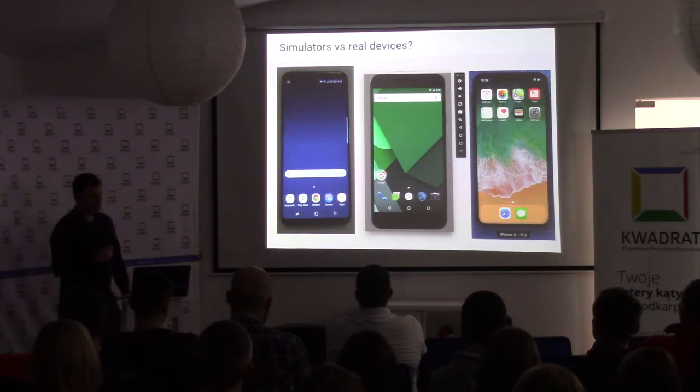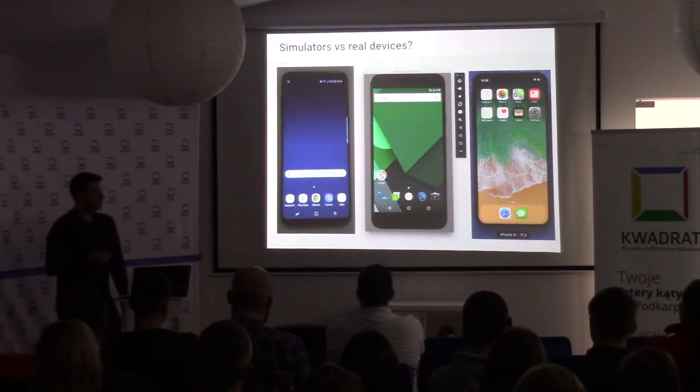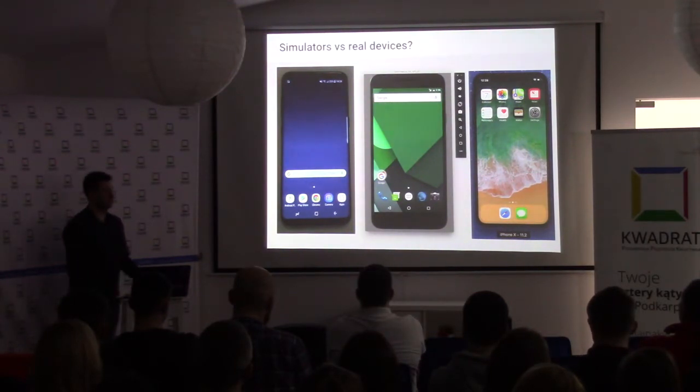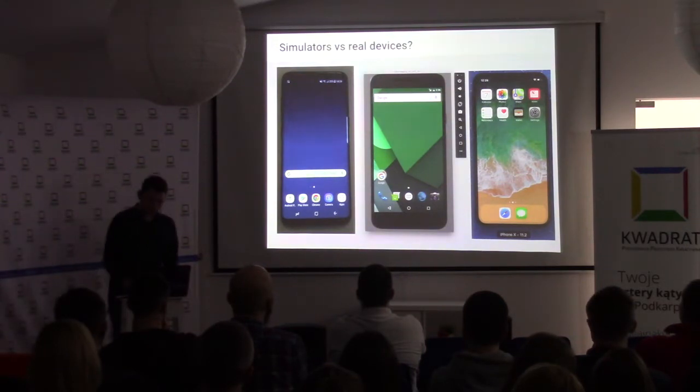They not only emulate the behavior of the software of your app, but they also emulate the behavior of the hardware of the real device itself. On the other side, we have simulators, so we'll probably test our iOS applications on them, and they only simulate the behavior of the application.